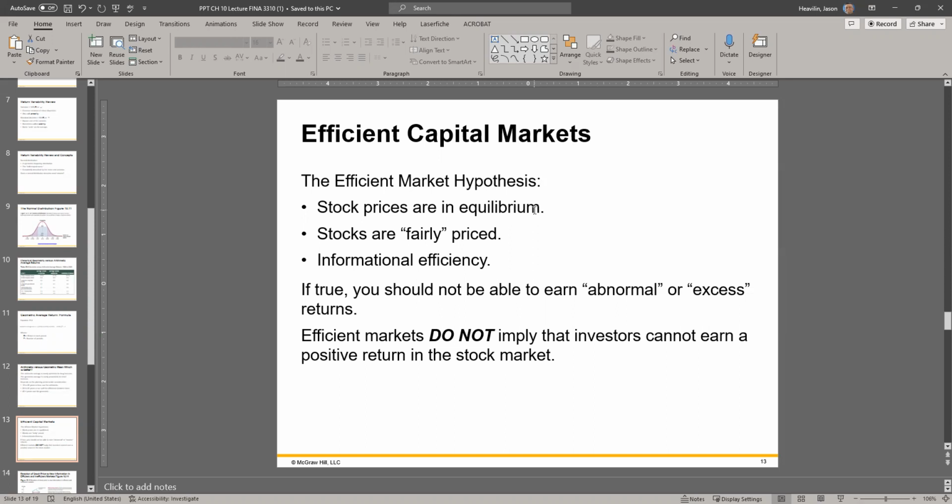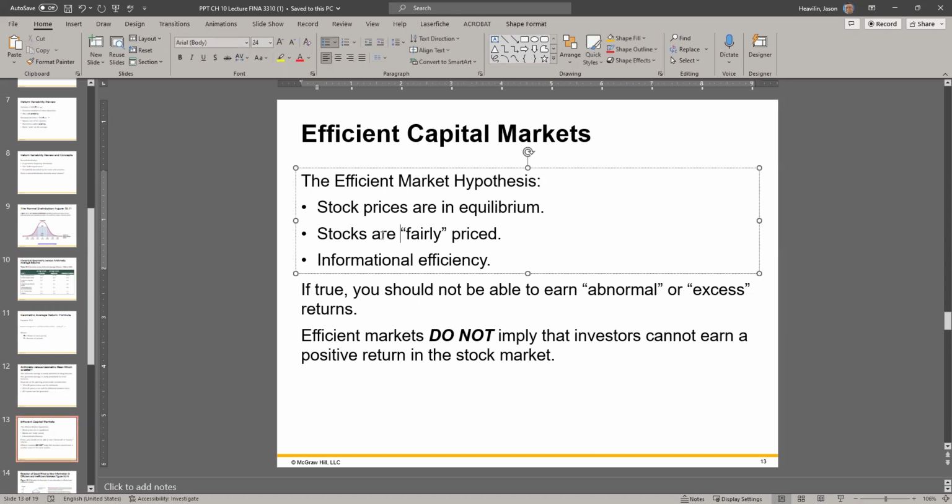So the relative return between stocks is appropriate. It's a good return given the risk of each one of them. So there's not one stock doing something abnormal. Stocks are fairly priced. Same kind of notion that the price of the stock reflects its intrinsic value.